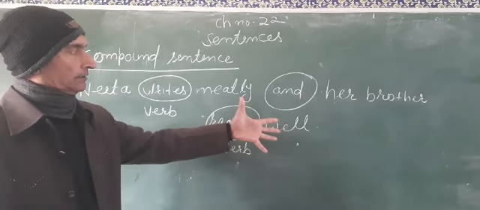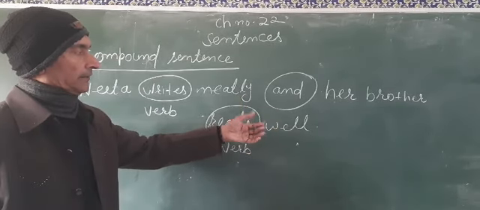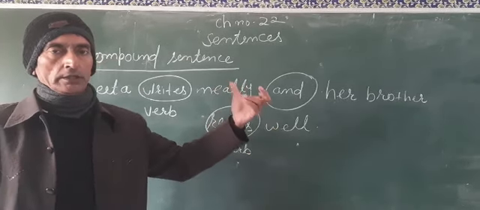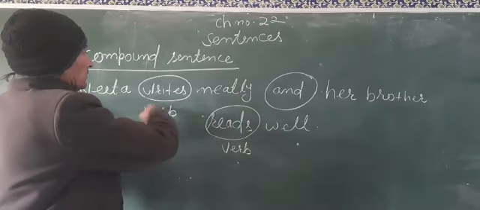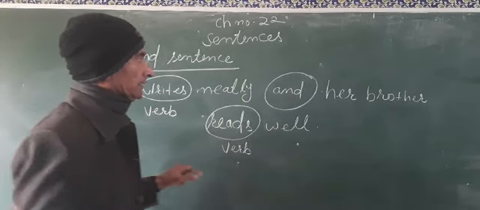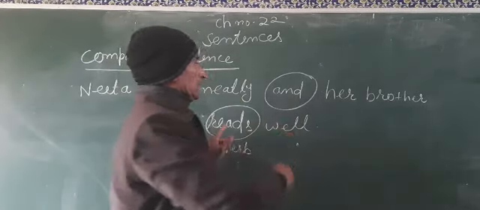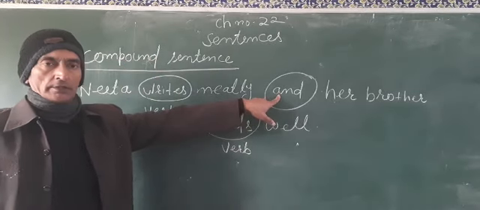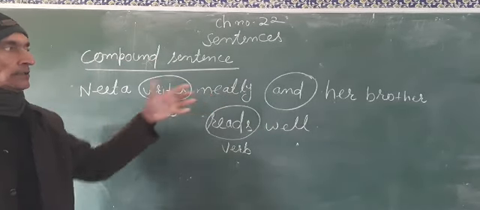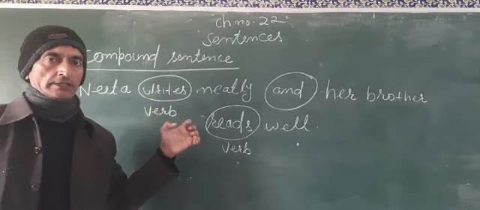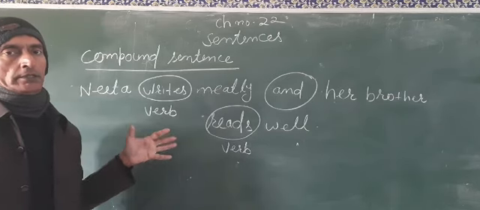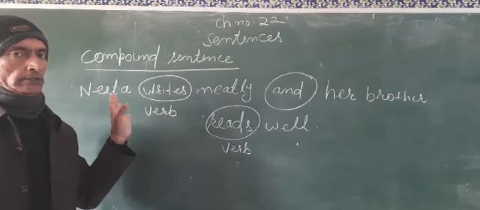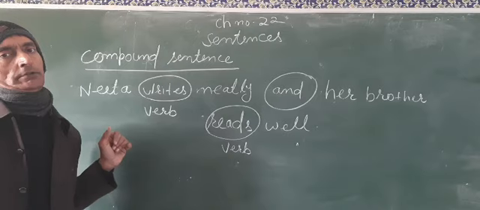So in this sentence, we have two coordinate clauses. One, Nita reads neatly, and the other is her brother reads well, joined by the coordinate conjunction and. They are independent clauses. They can stand alone as a sentence.